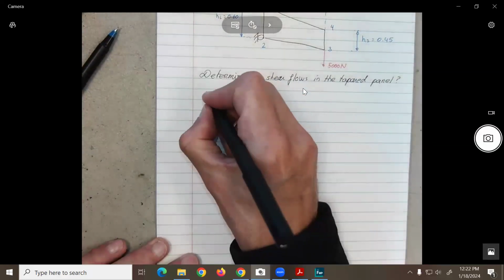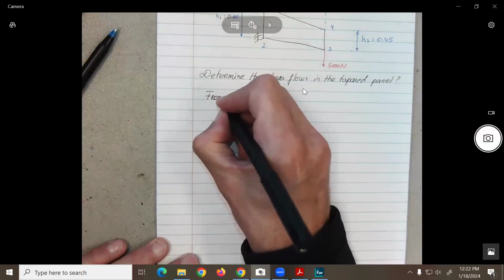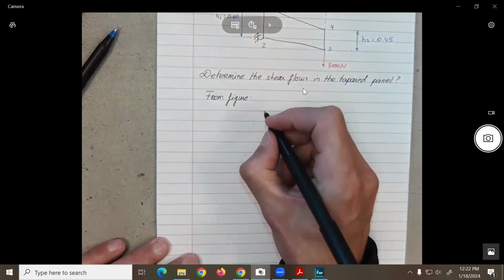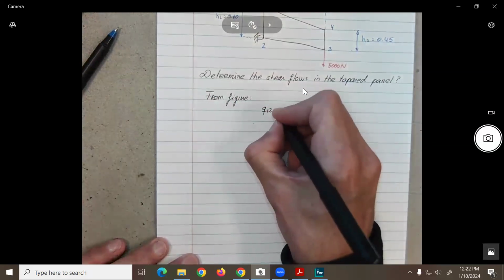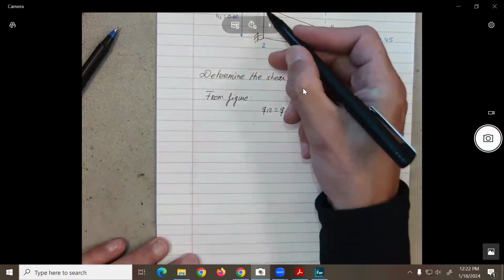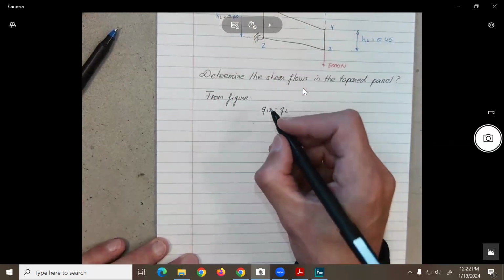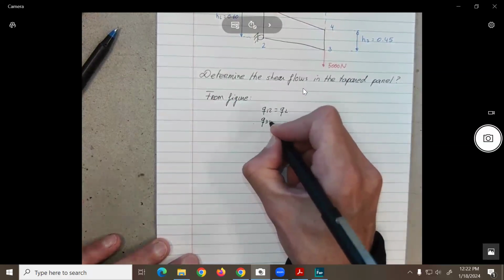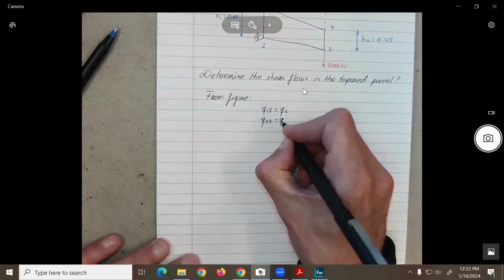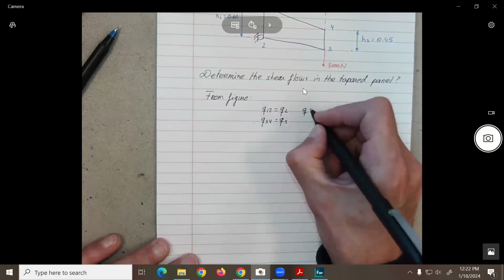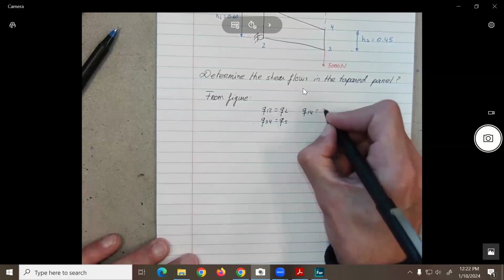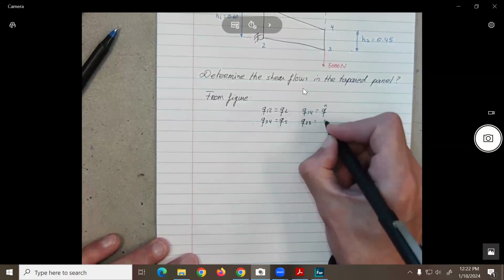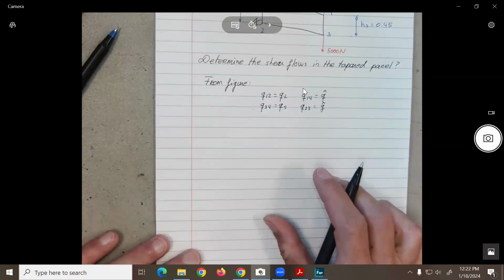So from the figure, what I am going to get is that Q12 equal to Q long, Q34 equal to Q short, Q14 equal to the Q hat, and Q23 equal to the Q hat.